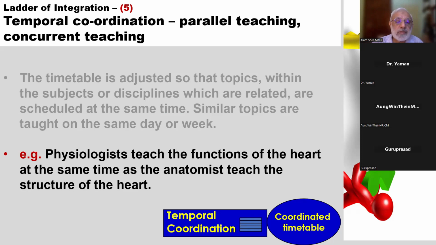So all the disciplines, anatomy, biochemistry, physiology, or others, are all teaching the same system at the same time. So there is a coordinated timetable. So this is parallel teaching or concurrent teaching. So here there is some degree of coordination where the topics are related to the same system.